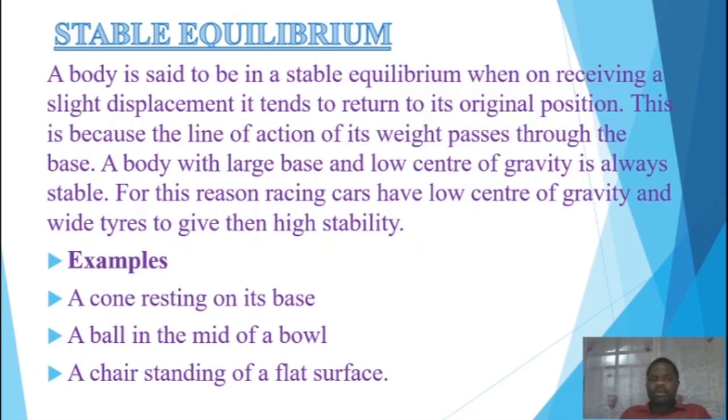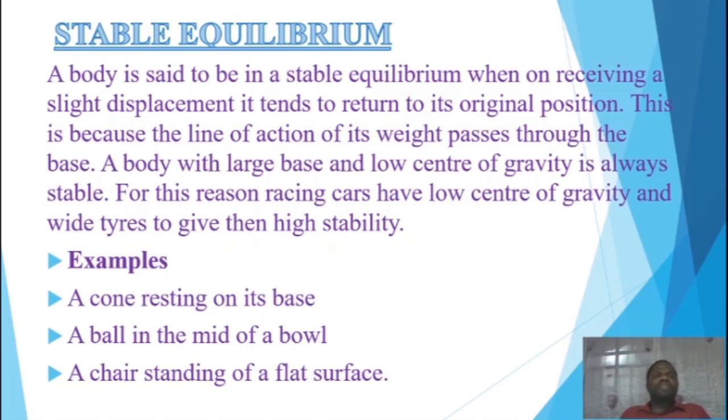Number two, unstable equilibrium. And number three, neutral equilibrium. Now we start with stable equilibrium. So a body is said to be in stable equilibrium when, on receiving a slight displacement, it tends to return to its original position.